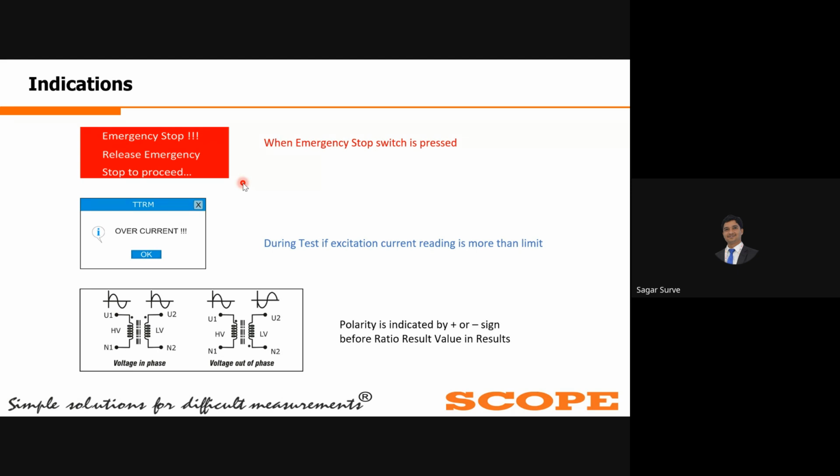If you operate the emergency stop switch, you will get the indication 'emergency stop operated'; first release it, and only then can you operate the instrument. For overcurrent also, the instrument will show an error message, and the polarity of the transformer will be indicated by a positive or negative sign before the ratio result reading.